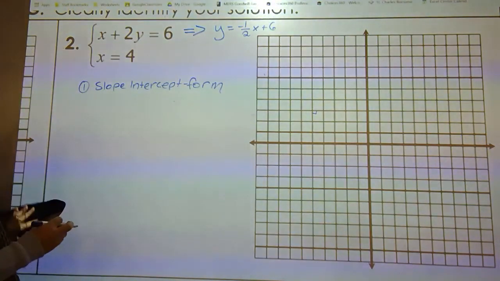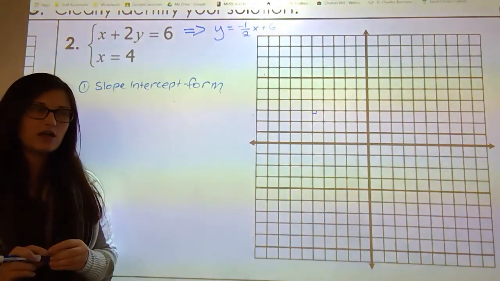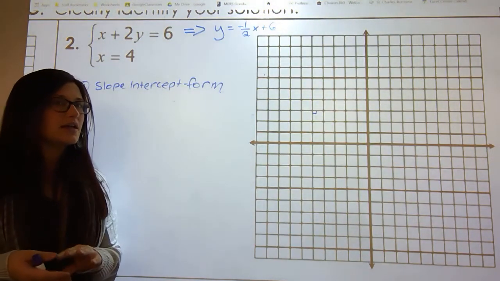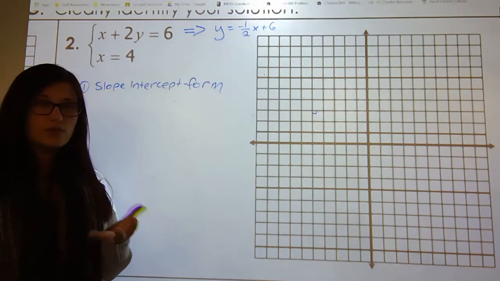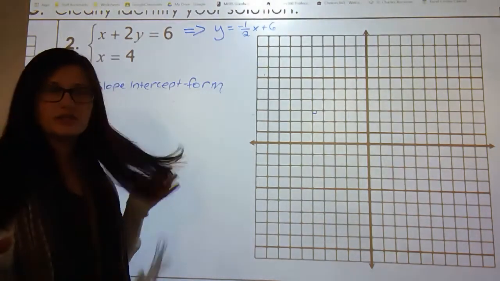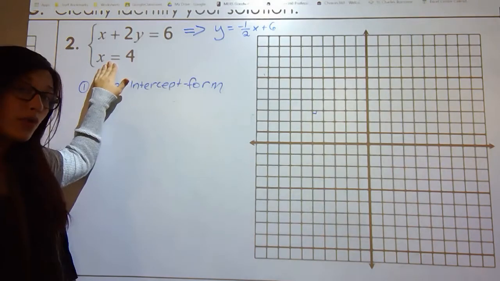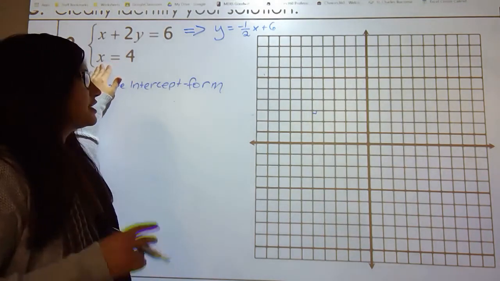Okay. Now my second equation, that was one of those special ones that we got going on, where it would be a little difficult for us to rewrite it into slope-intercept form. The reason it's hard for us to write this in slope-intercept form is that this line won't cross the y-intercept, okay? So it won't cross it anywhere.